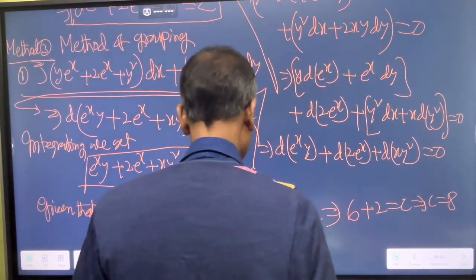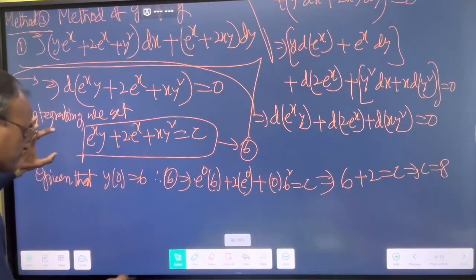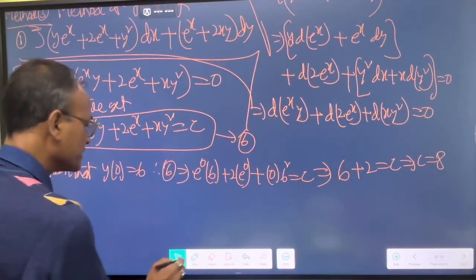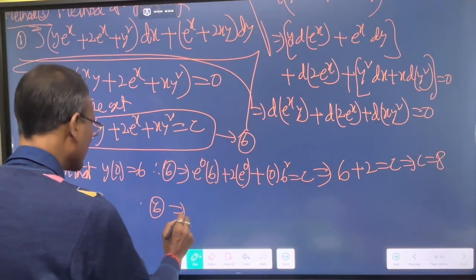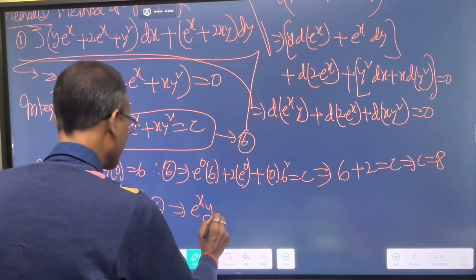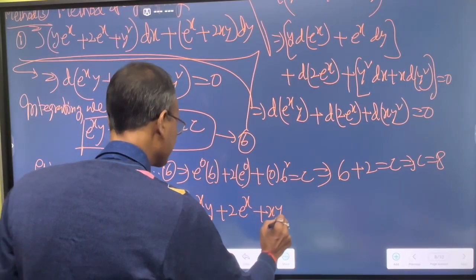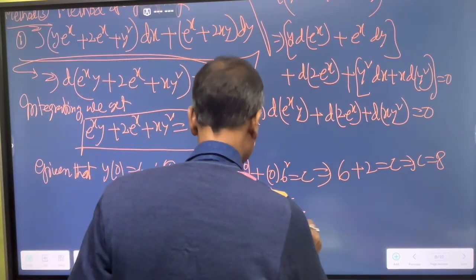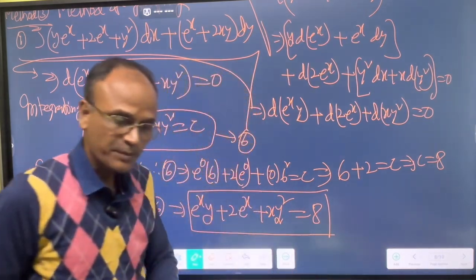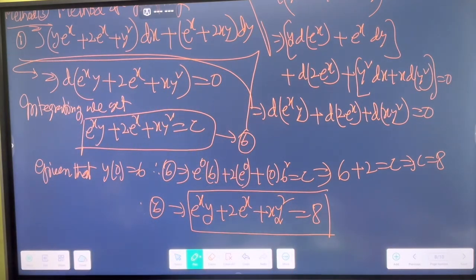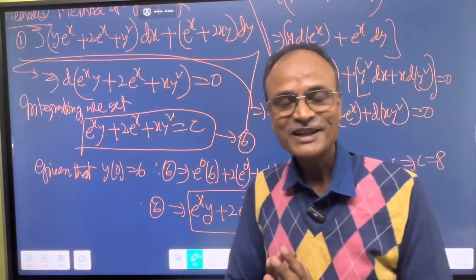Therefore, from (6), e to the power x y plus twice e to the power x plus x y square equal to 8. This is the final solution of the given differential equation.